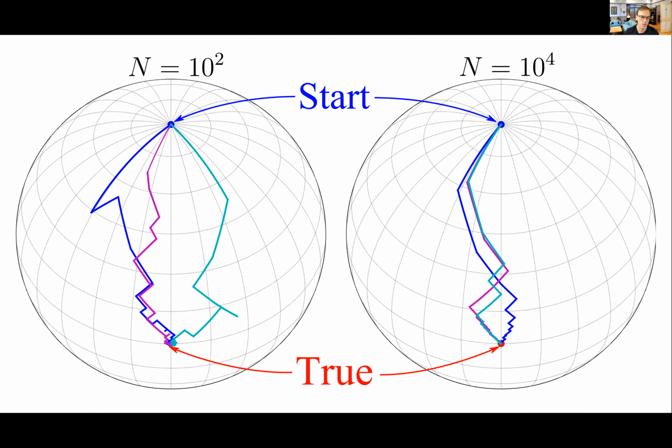The algorithm will choose random measurement directions, take steps in those directions, and perform those measurements. On the left-hand side, each time I specify a measurement direction, I repeat that measurement 100 times.